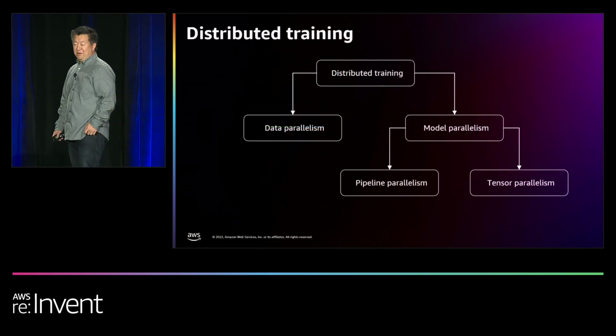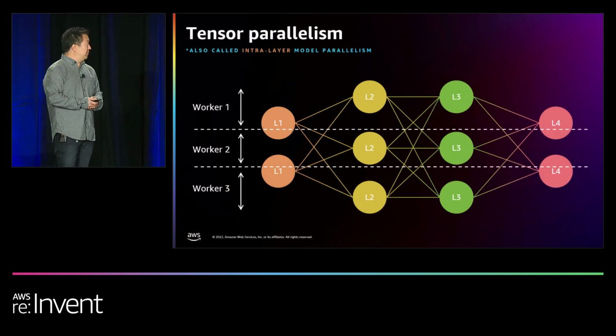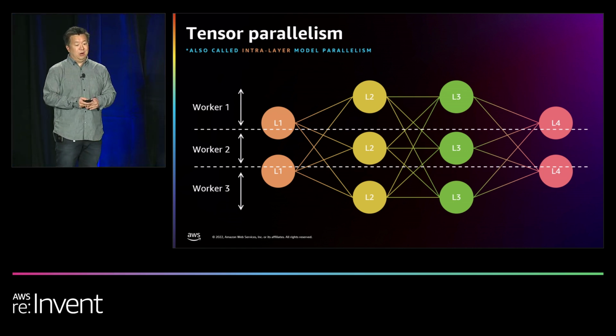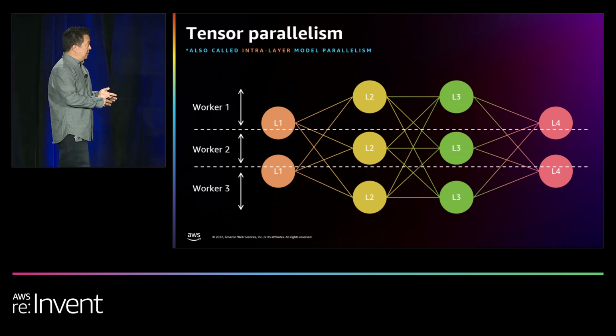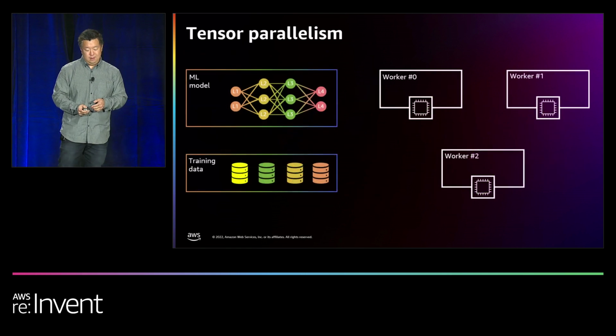The second type of model parallelism is called tensor parallelism, also referred to as intralayer model parallelism. Now you can see here a similar neural network, but instead of separating it vertically, we now separate the layers horizontally.